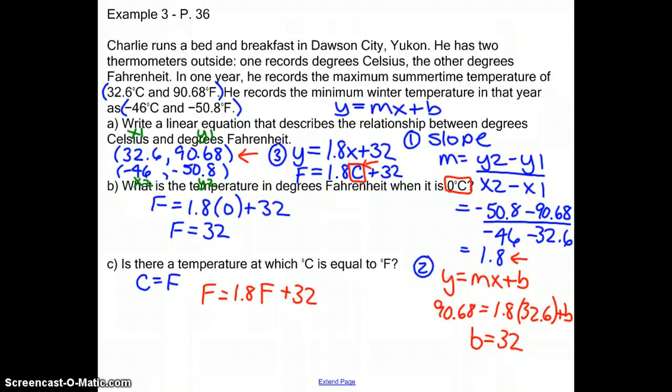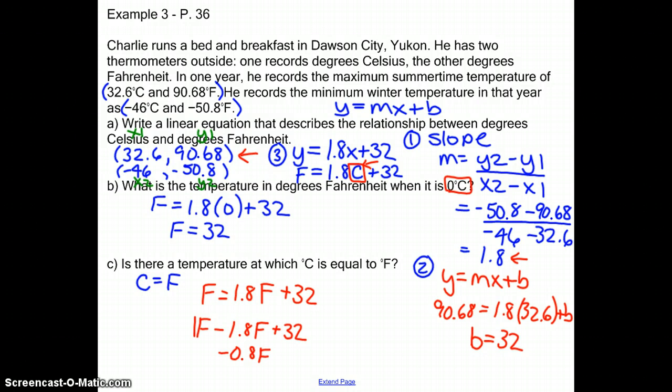So to get F by itself here, and this is a little bit trickier, so I'll do it with you. We'll move the F over. So we get F, which is just really a 1F, minus 1.8F equals 32. Now the reason I have a 1F there is because if there's nothing in front of a variable, you can always assume that it's a 1 in front of the variable. So 1 minus 1.8 is negative 0.8F.